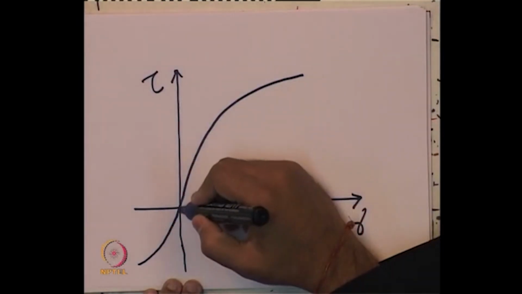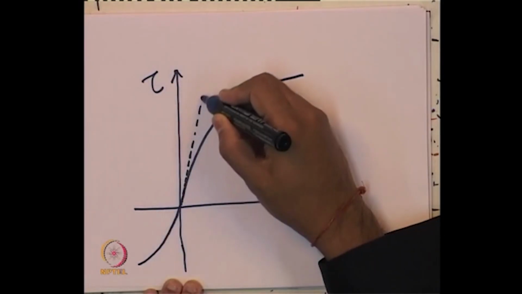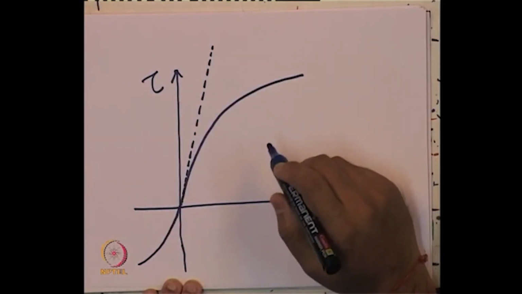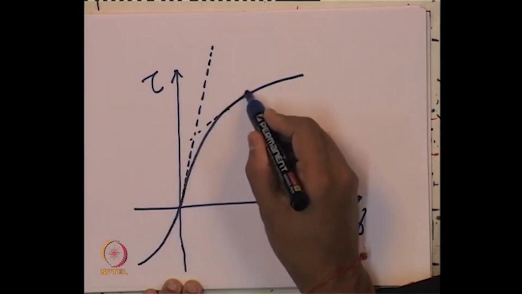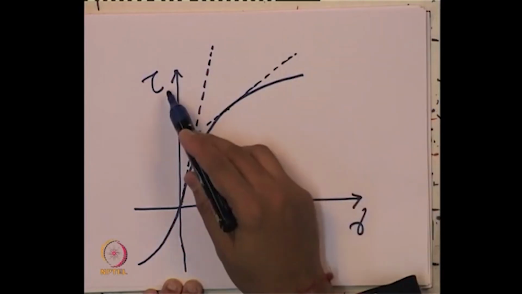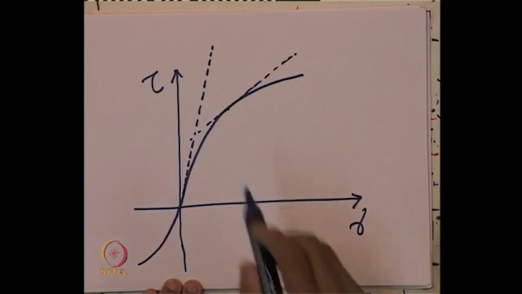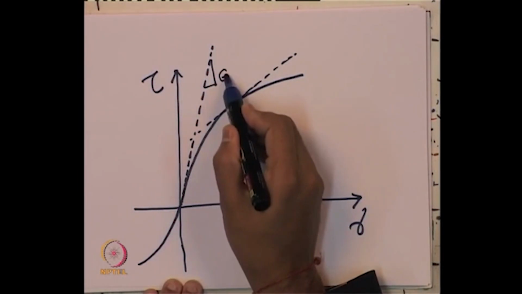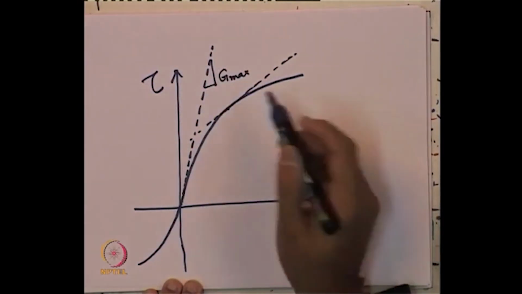As we have discussed in one of the previous modules on dynamic soil properties, we can consider it linear like this, initially linear, and the slope of this shear stress versus shear strain is nothing but the shear modulus, right. In this case we get G max, the maximum shear modulus or initial tangent modulus.